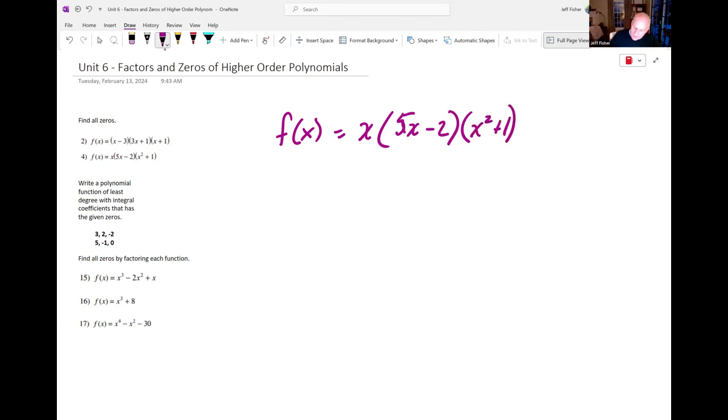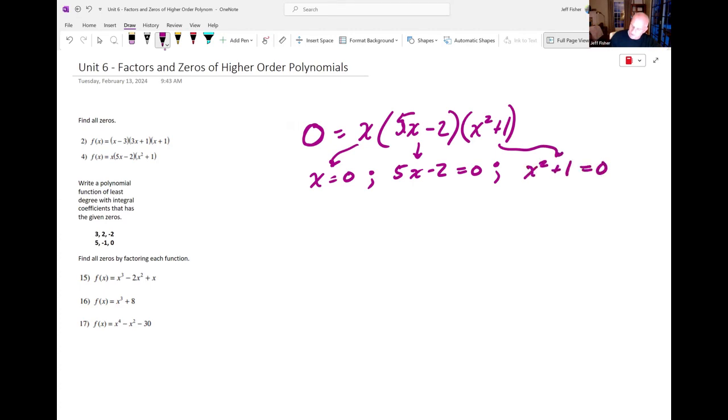Well, we know we want to set each of these equal to 0. We're going to change this to be 0, not f at 0. That was wrong. We're setting the whole equation equal to 0. So x equals 0 for that. 5x minus 2 equals 0 for this. And then x squared plus 1 equals 0 for that. Here x equals 0. This one, x equals 2/5, right?